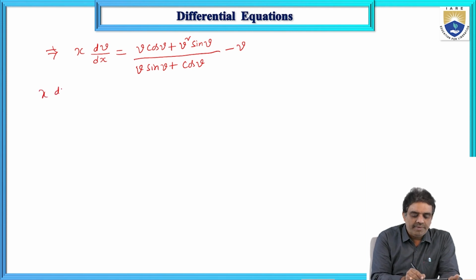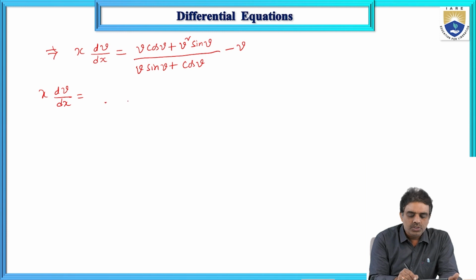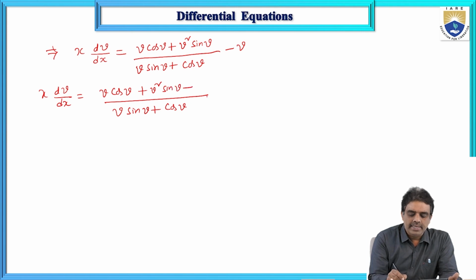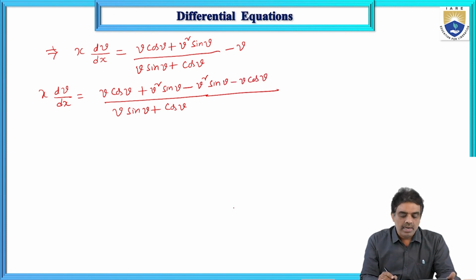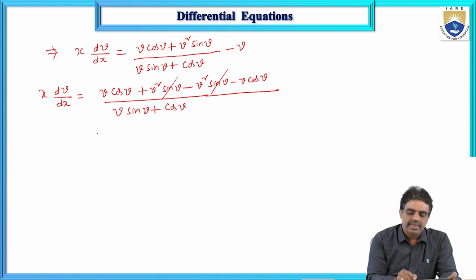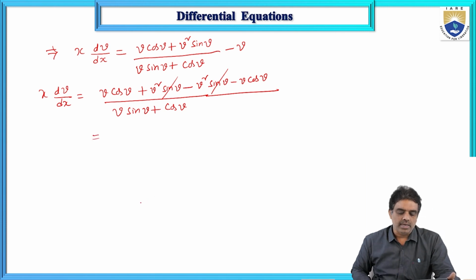So that is x dv by dx is equal to, on the right hand side taking LCM v sin v plus cos v, in the numerator it is v cos v plus v square sin v minus v into this term, that is v square sin v minus v cos v. So on taking LCM and multiplying we'll get this, and v square sin v gets cancelled, and v cos v remains.